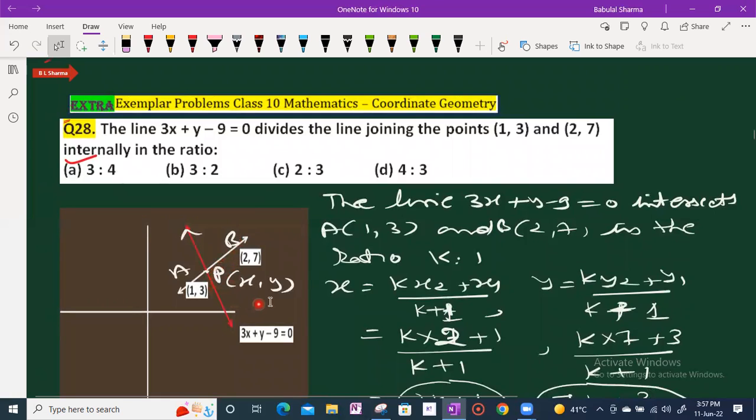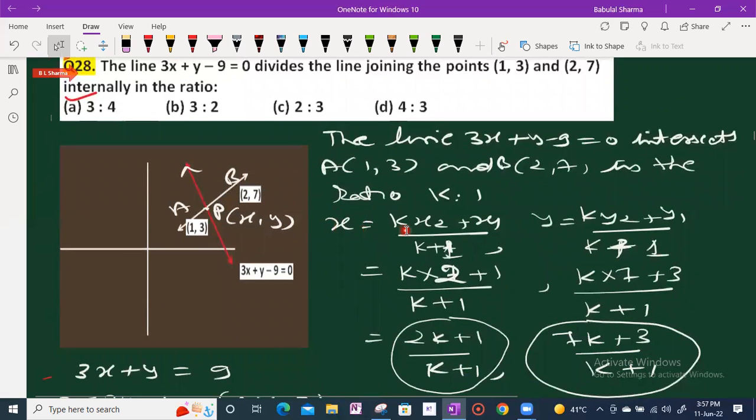First of all we have to find out the coordinates of point P, using the section formula. So x is given by (k x2 plus x1) upon (k plus 1), and the y coordinate is given by (k y2 plus y1) upon (k plus 1).